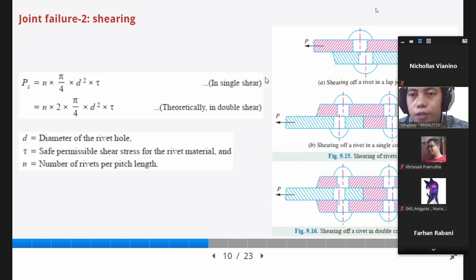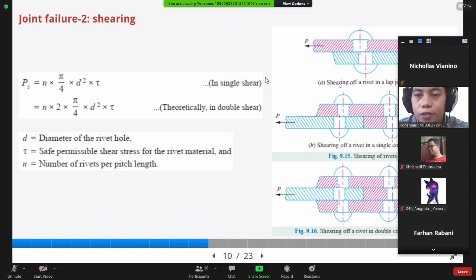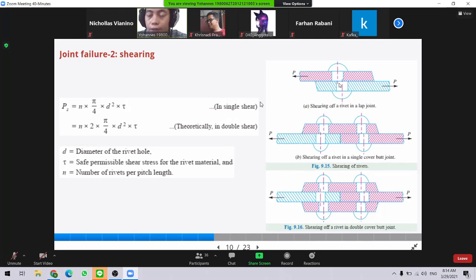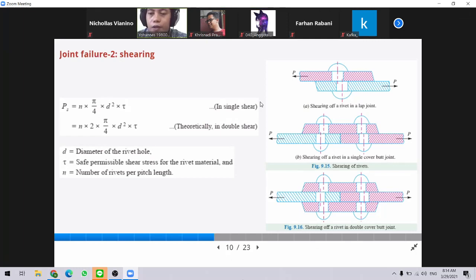For a single lap joint, we only have one rivet area per pitch. For a single cover butt joint, we have two because we have two rivets there. For a double cover butt joint, we have two rivets, but four shear areas.